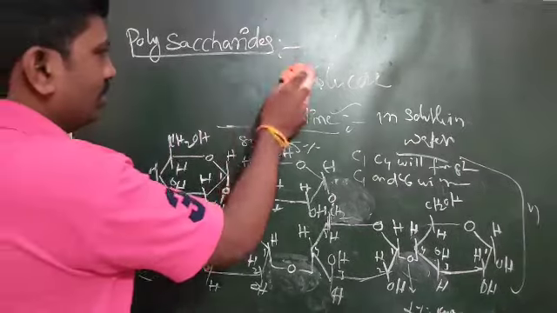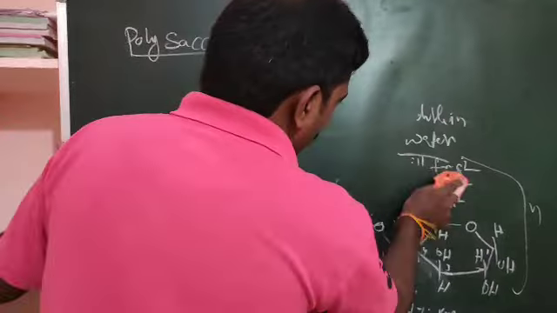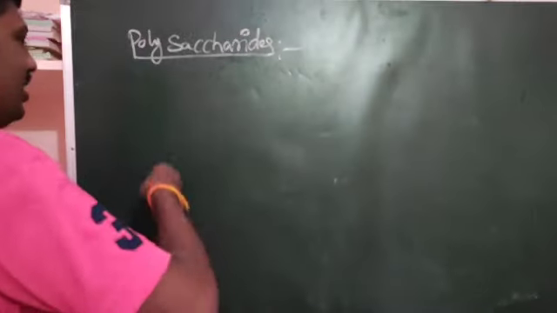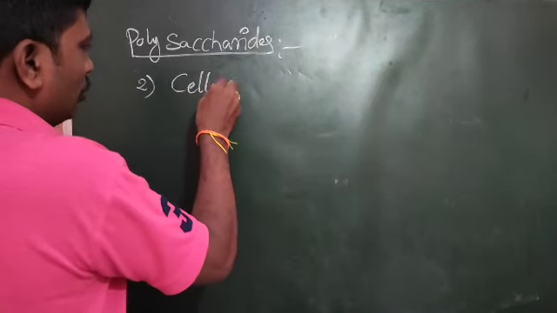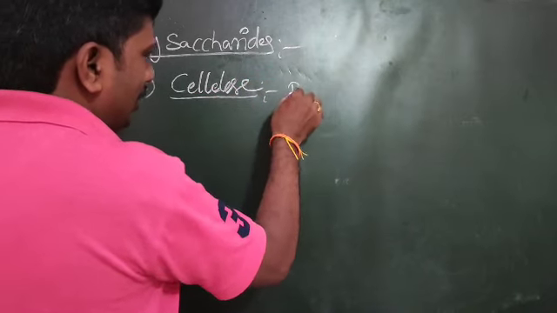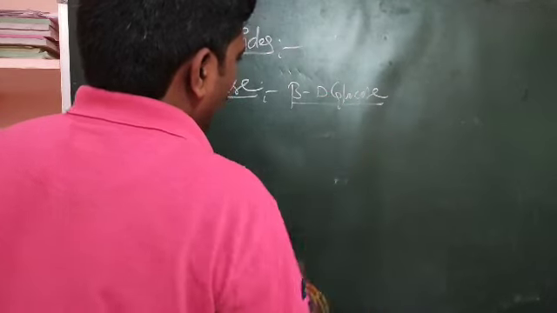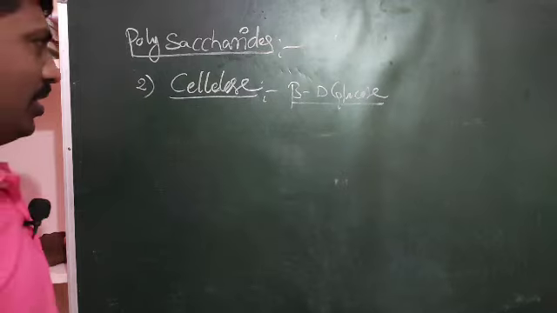Next, the second one, cellulose. Cellulose is also a straight chain. So this is beta D glucose; a number of beta D glucoses will form cellulose.